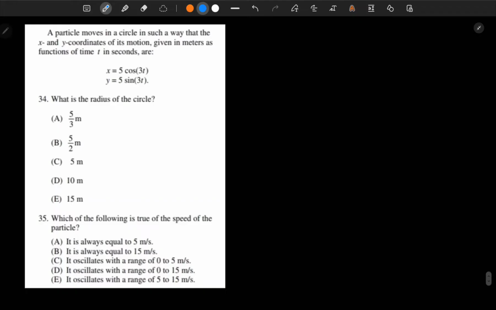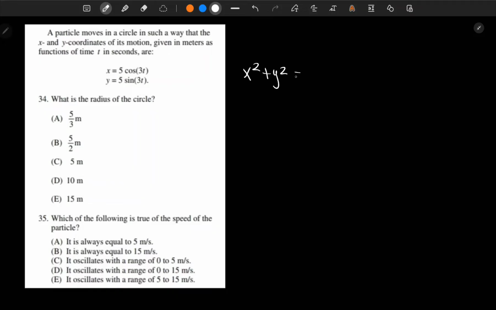Next, a particle moves in a circle in such a way that the x and y coordinates of its motion, given in meters as functions of time in seconds, are the following. We wish to find the radius of the circle. Well, a circle is described by x squared plus y squared.